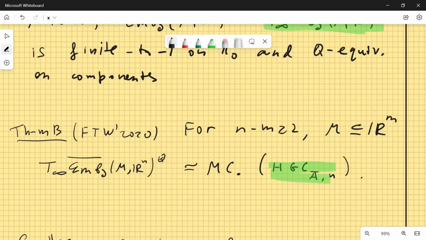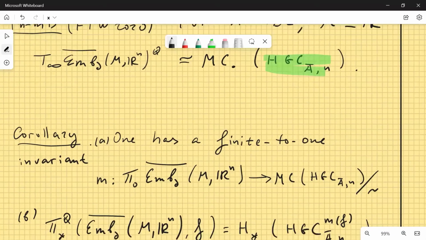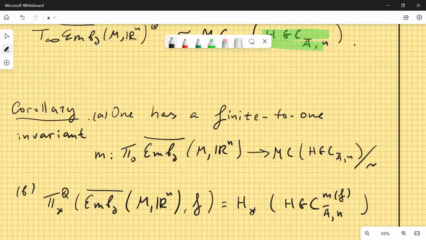And as a corollary of these theorems, first of all, we get a finite-to-1 invariant from the set of connected components of embeddings to the set of Maurer-Cartan elements. This is exactly the set of connected components of the simplicial set, and this is just the Maurer-Cartan elements of the hairy graph complex L-infinity algebra modulo gauge equivalence.